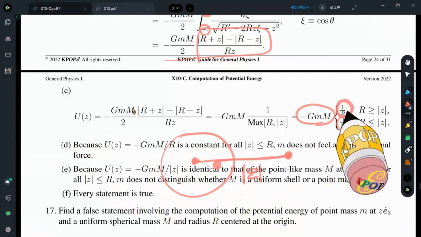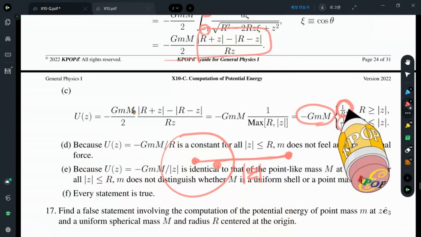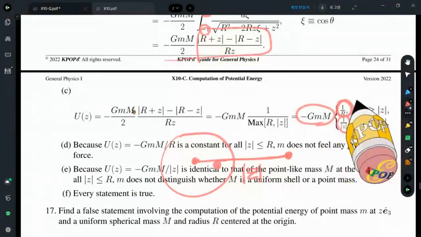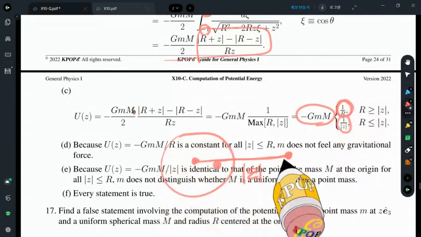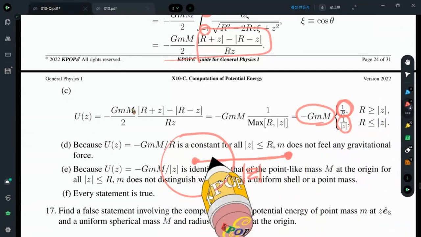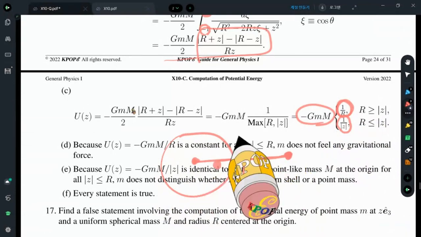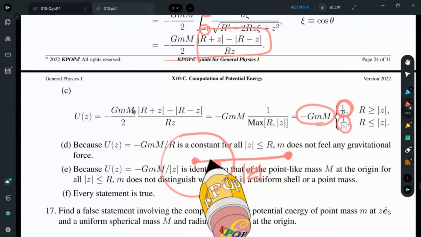R is a constant. That means if you take the gradient, it vanishes. It is absolutely 0. So inside a sphere, this point mass does not feel any gravitational force. That is the remarkable result first obtained by Newton. And this is the shell theorem. Okay?